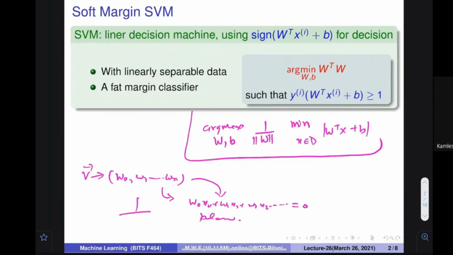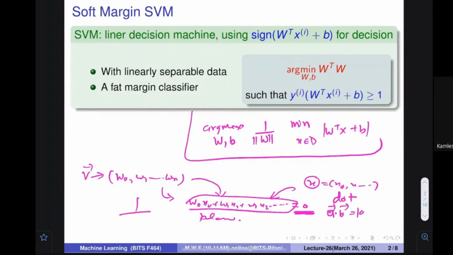How can I show this? You can show this by picking any point on this particular plane. So let's assume that you have any x, that is x0, x1 dot dot dot, any point on that. If you put it into this particular equation, the value becomes what? 0, because this is the equation of the plane. If it is term by term multiplication, that is a dot product, and dot product means what? If there is a vector A and a vector B, and you find the dot product, it is going to be mod A mod B cos theta, where theta is the angle between them.